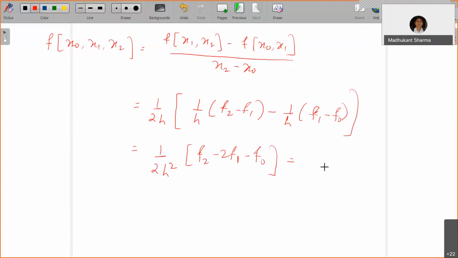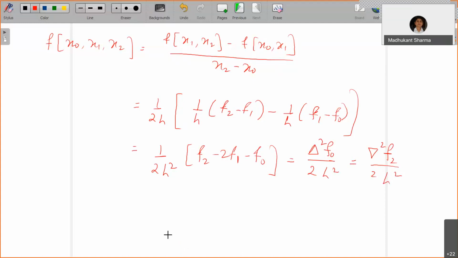That is nothing but the second forward difference at f0 divided by 2h squared. And if you recall the forward and backward difference table, that is nothing but the second backward difference of f2 by 2h squared.